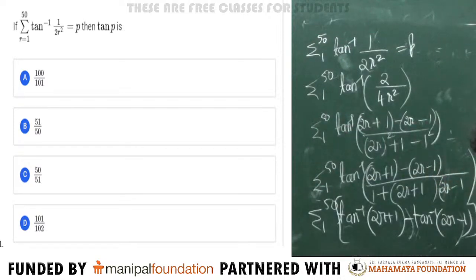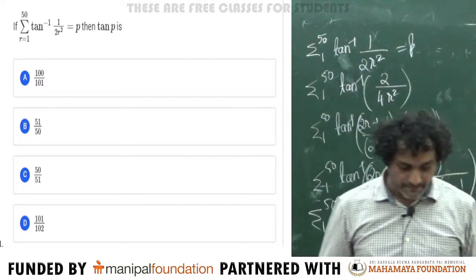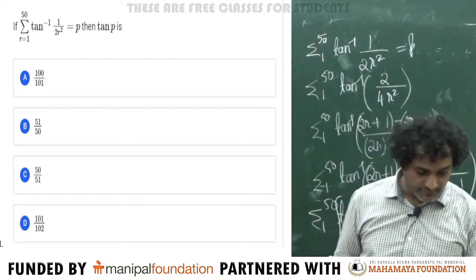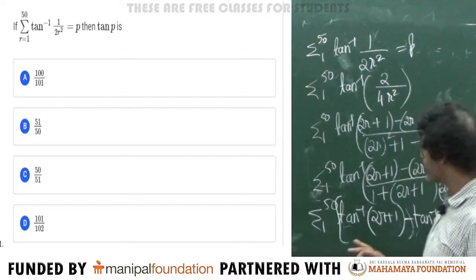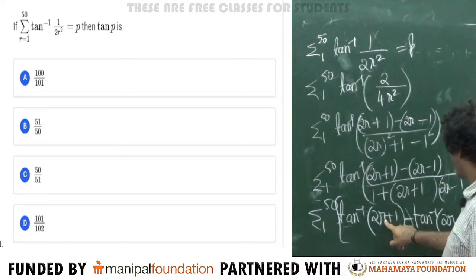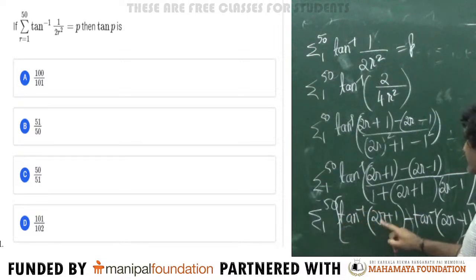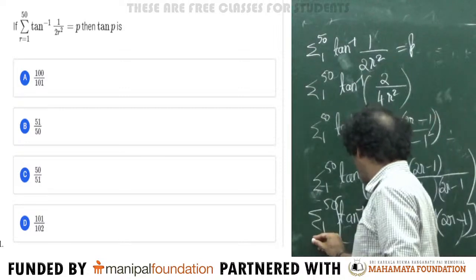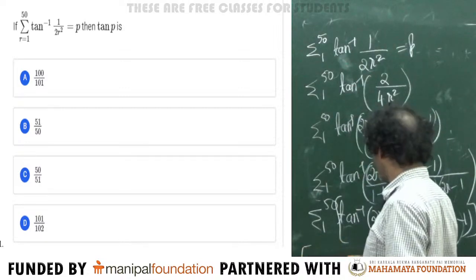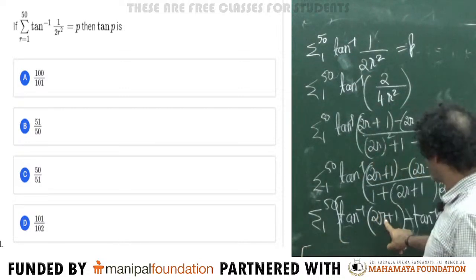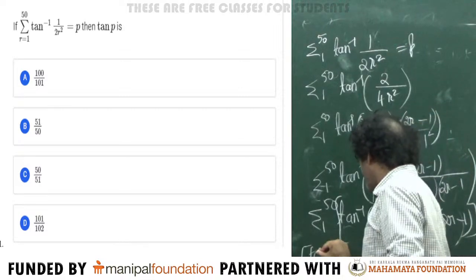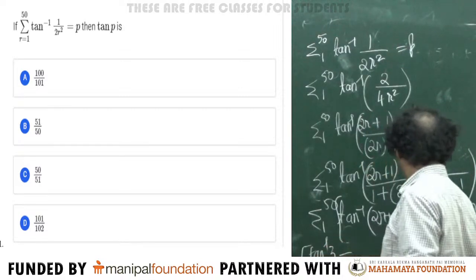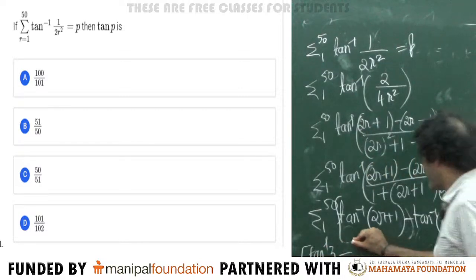You will easily get it, okay? Put r as 1: 2 into 1 is 2, 2 plus 1 is 3. So it is tan inverse 3 minus tan inverse 1.